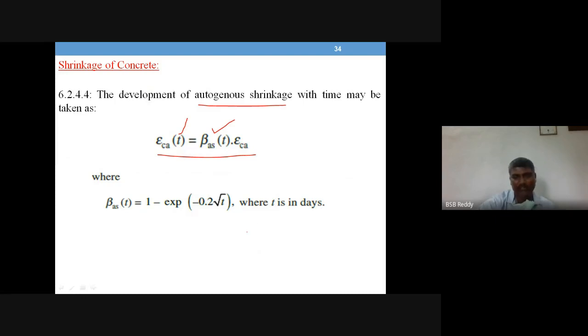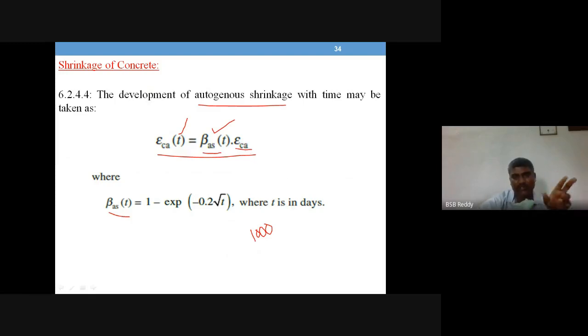So say if you want to estimate the epsilon ca value after, for example, 1,000 days, you can get it by simply substituting t as 1,000, get a beta value, and multiply by epsilon ca final values, for which you already have a table of values.